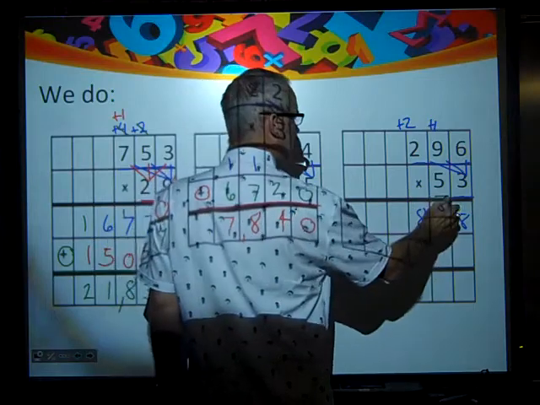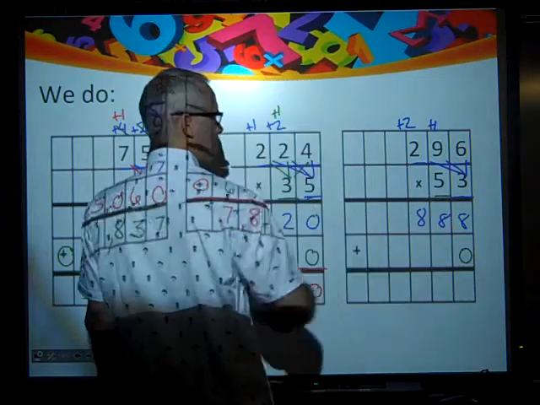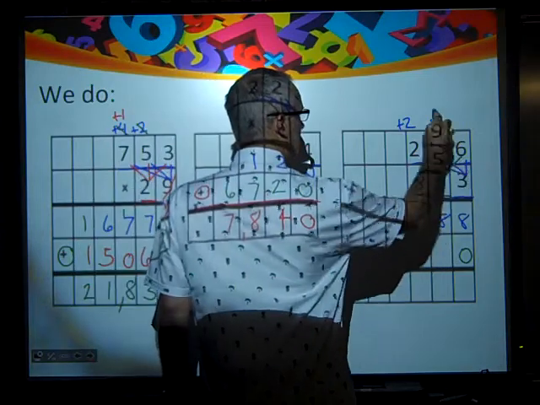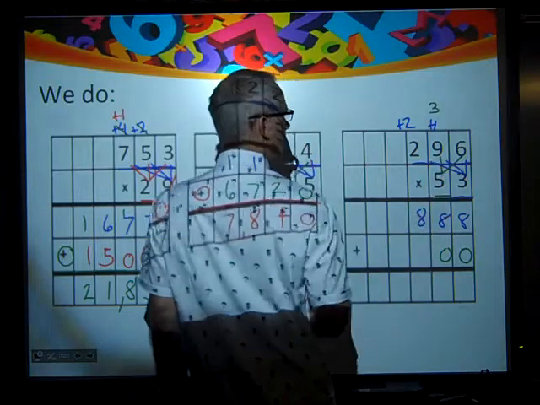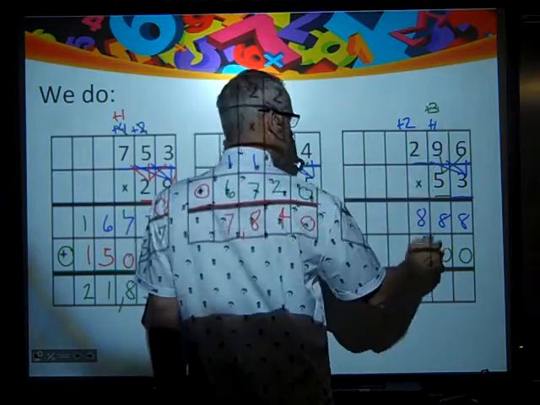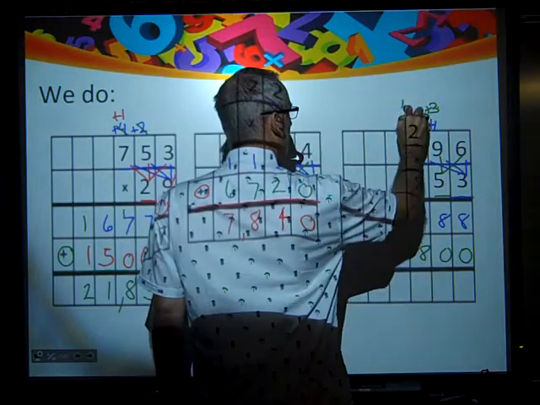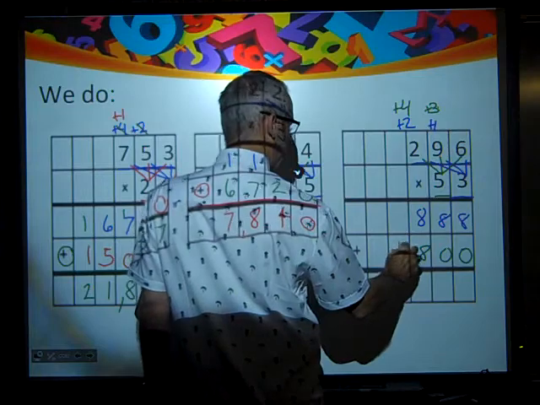Multiplying by the 10, slap a 0 on the end. 5 times 6 is 30. 5 times 9 is 45. 46, 47, 48, plus that 3. Then 5 times 2 is 10, plus 4 is 14.